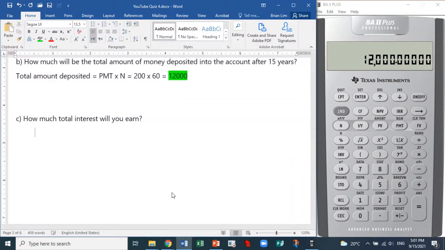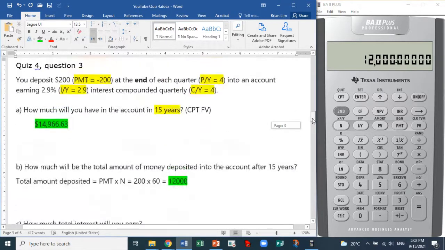So the interest earned is equal to the future value minus the total amount deposited.